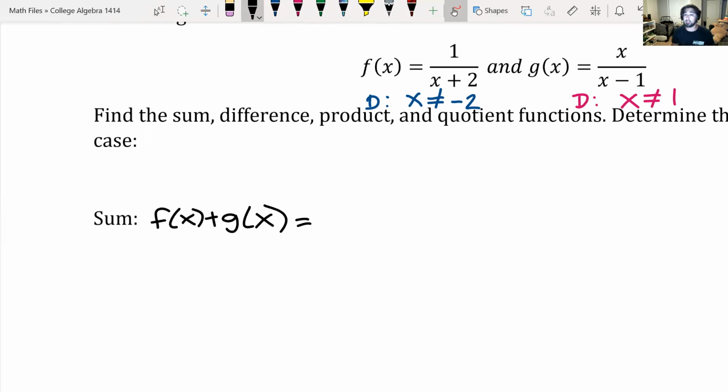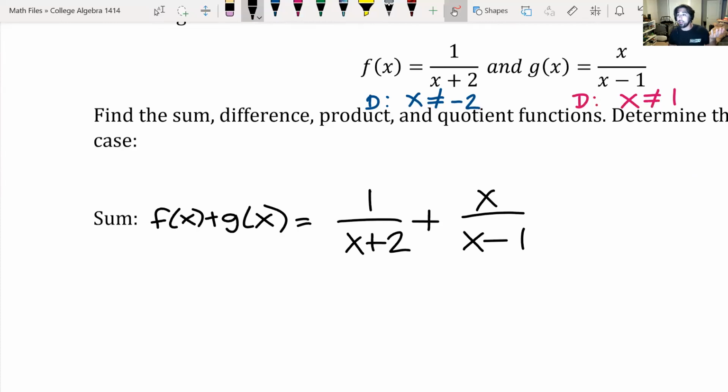So that's as simple as substituting in the functions. 1 over x plus 2 is f of x, plus g of x, x over x minus 1. Okay, and now we want to simplify more. In order to put these two functions together, we need a common denominator, which means these have nothing in common.